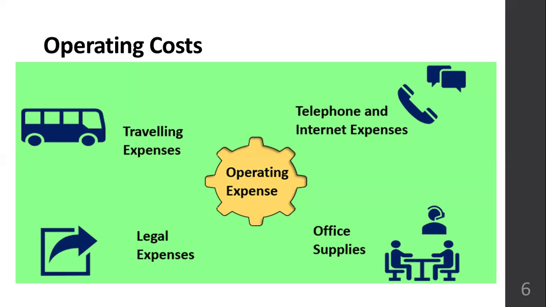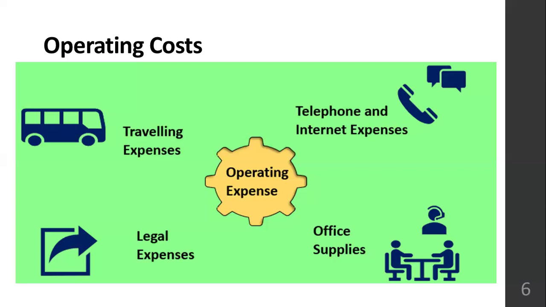So what all does it cover? Traveling expenses from any department if a staff is going somewhere, for example to a camp. Telephone and internet expenses are also operational costs. On a regular basis, you have to make sure the internet is working and check whether it has finished its GB.